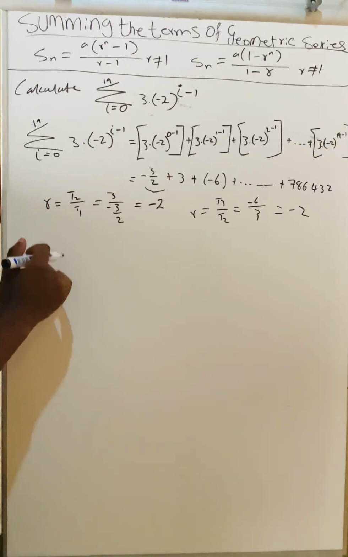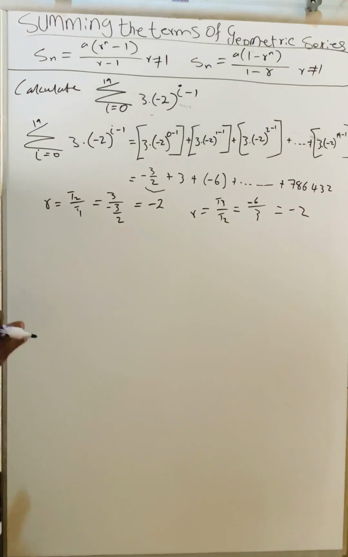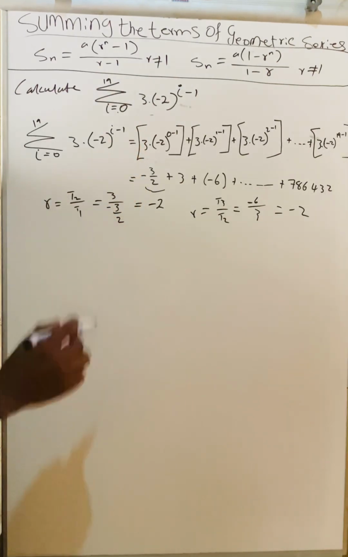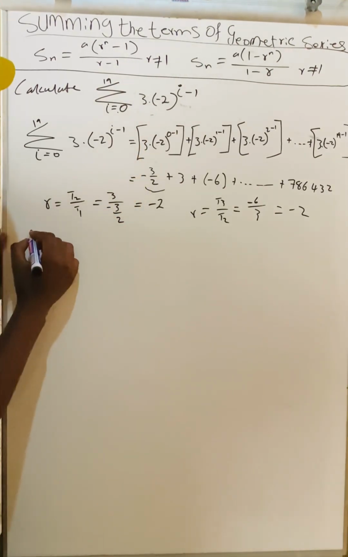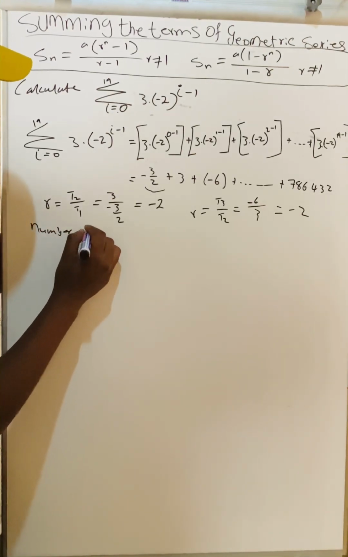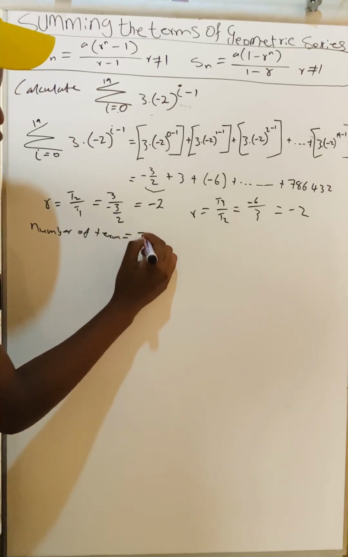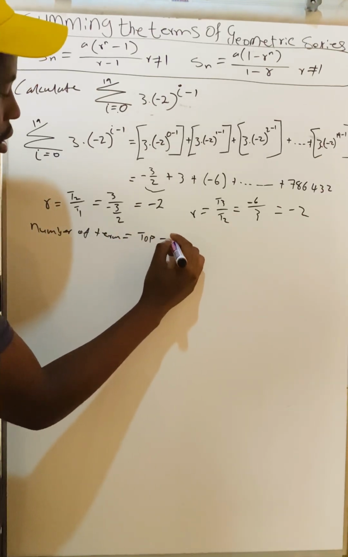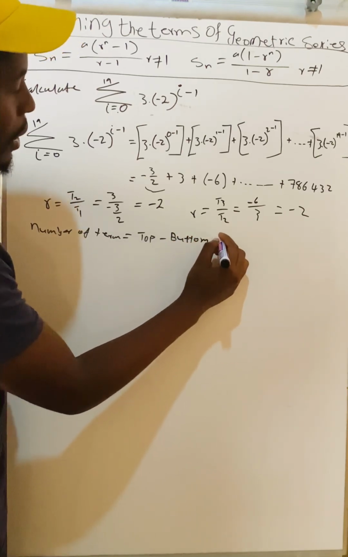Then from here, you can take the formula, but you need to know how many terms there are from 0 to 19. How many terms? You use this formula: number of terms is equal to top minus bottom plus 1.